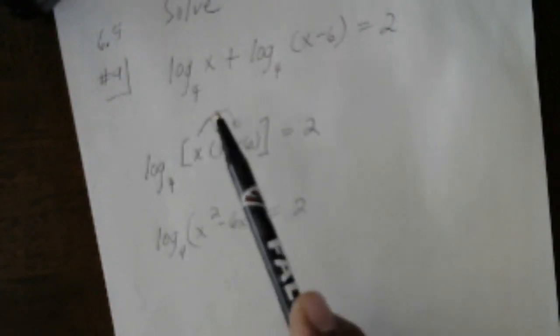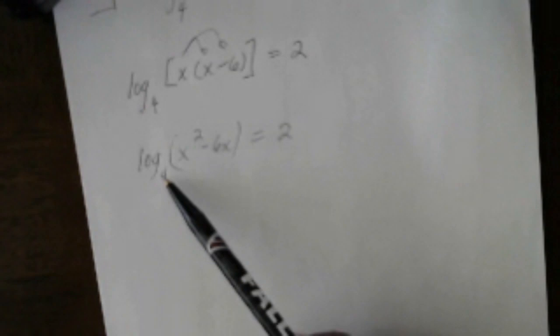So now notice we once had 2 logs, we only have 1 individual log. So I'm going to convert this log to an exponent, and we're going to solve the exponent.